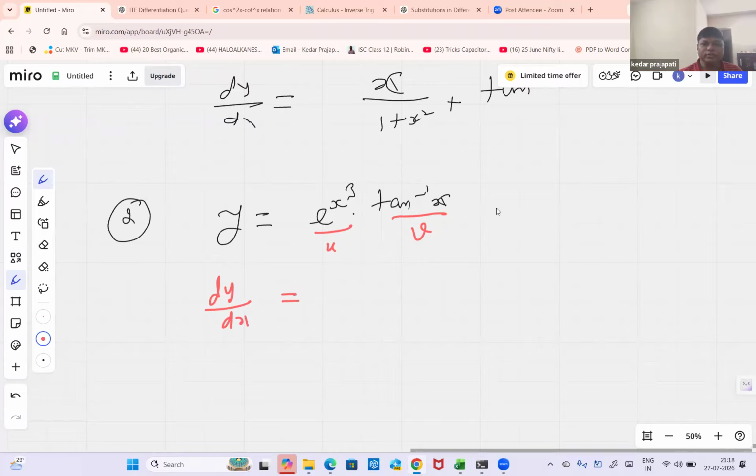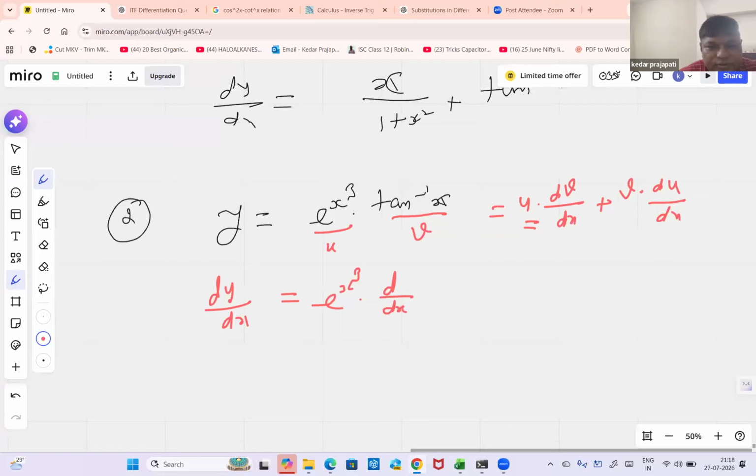UV rule is u into dv by dx plus v into du by dx. I have taken u as this, so here u is without differentiation. So this will be e to power x cube into d by dx of v.